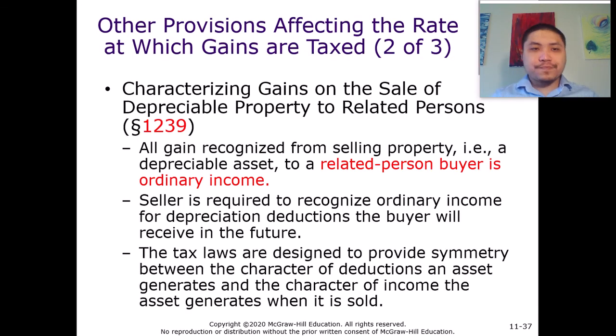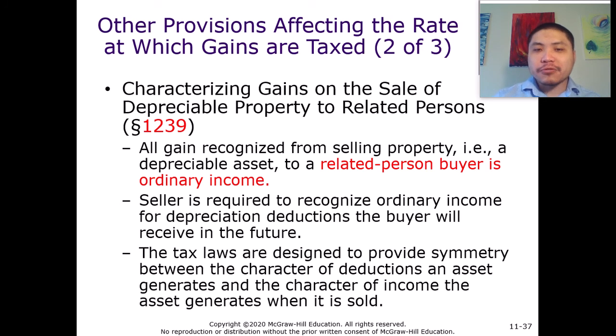So let's talk about some other provisions affecting the tax rate of the gains. There's another section called Section 1239, which focuses on how to treat the gains from the sale of depreciable property to related persons. As we mentioned in previous chapters, sometimes people are going to try to find a way to avoid paying tax.